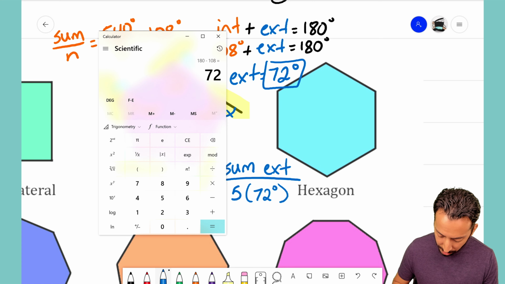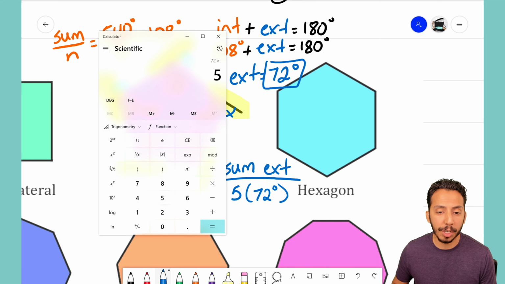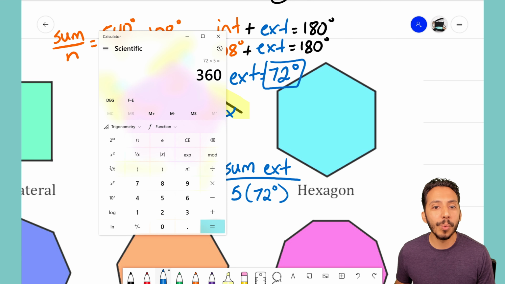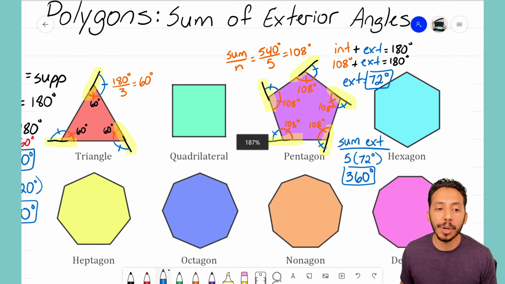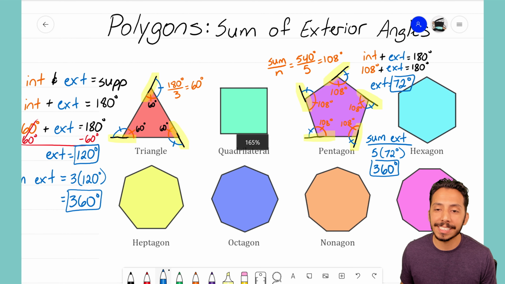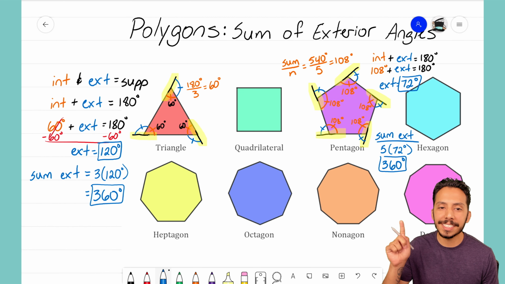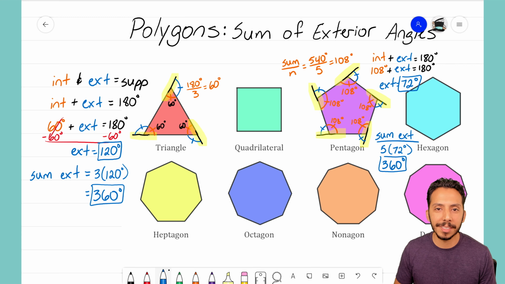Let's get our calculator out. I'll take that 72 degrees, multiply it by 5, and what do you know? The sum of the exterior angles for a pentagon is also 360 degrees, just like the regular triangle.